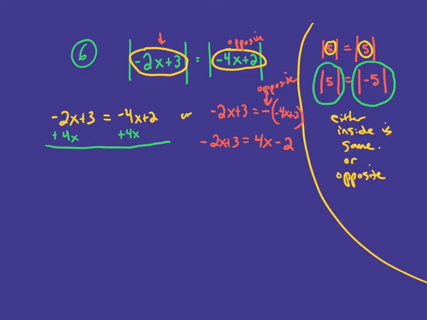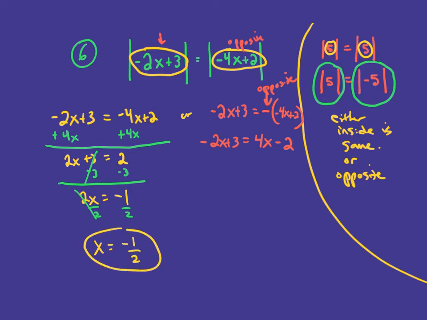So we've now got 2x plus 3 on the left equal to 2. Subtract 3. 2x equals negative 1, and then divide by 2. That gets our x by itself. X equals negative 1/2.